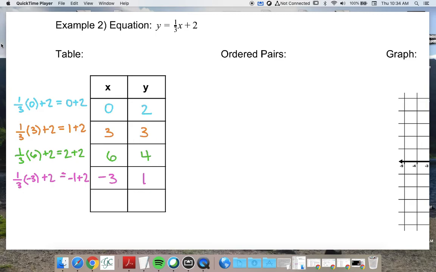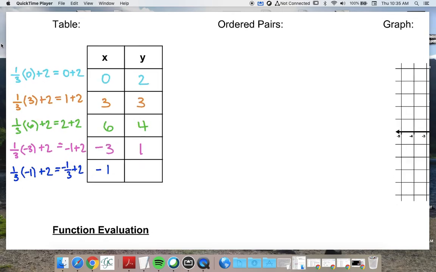And then just as an example, I do want you to see plugging in a number that is not divisible by 3. So for example, let's do -1. So 1/3 times -1, plus 2. 1/3 times -1, or -1 divided by 3, is just -1/3 plus 2.